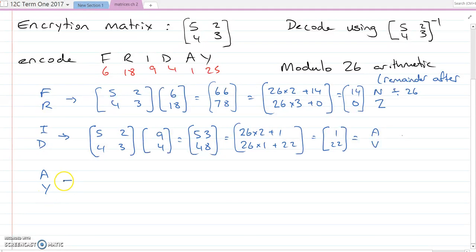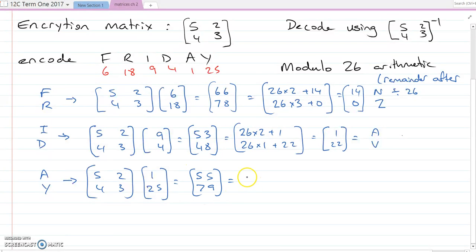Okay, last two letters of Friday, with matrix 5, 2, 4, 3 and 1, 25. We're going to get 5 times 1 is 5, and 2 times 25 is 50, so 55. Then 4 and 75, 79. So we've got 26 times 2 plus 3, and 26 times 3 plus 1.